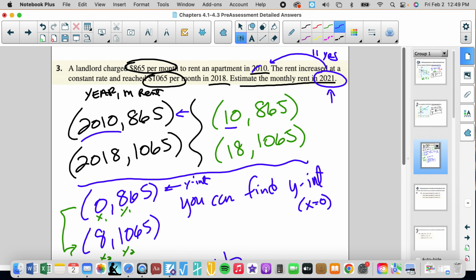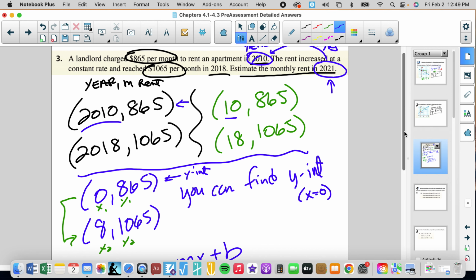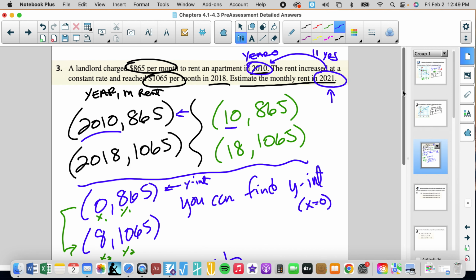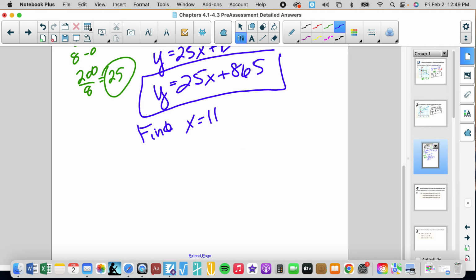I am in this format where I use 2010 as year 0. And so 21 is how many? 21 is 11 years after 2010. So I'm going to find when x equals 11.